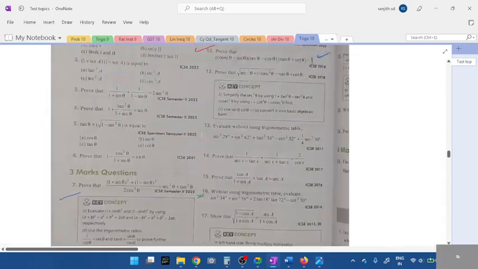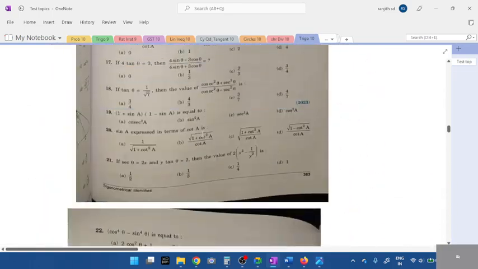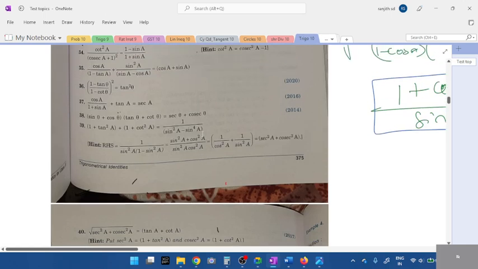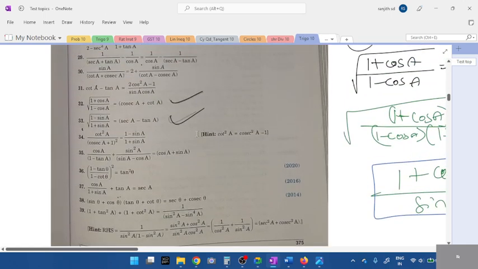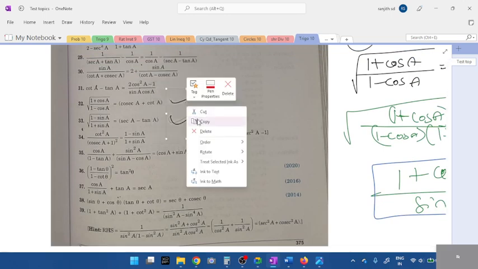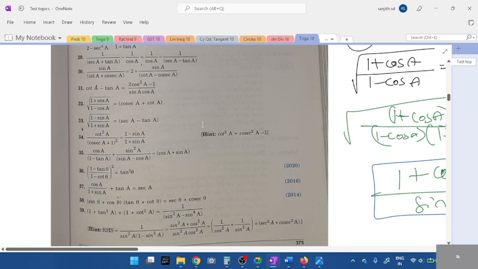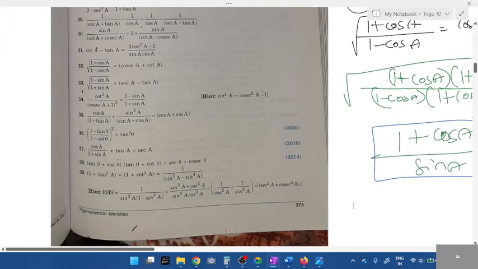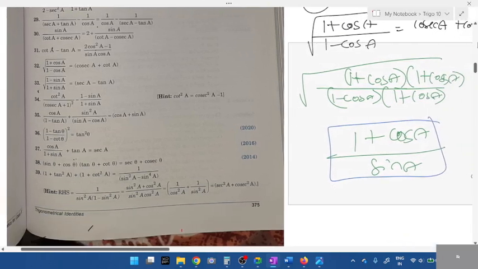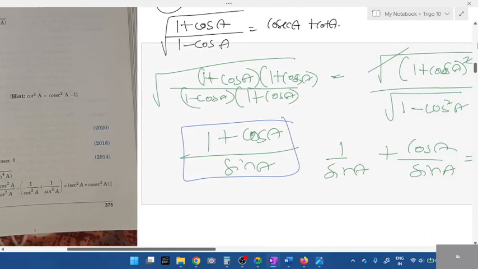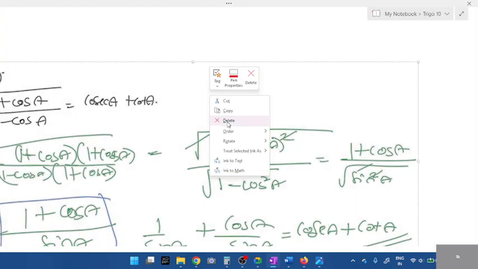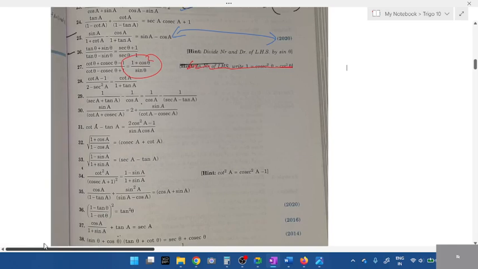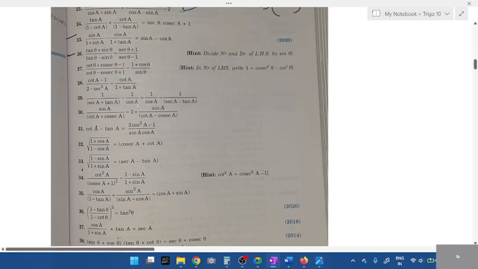You have any cube question in Selena? Yes. Send it. Send it. So it's been almost 1 month, right? You haven't sent. Okay, send it. Anyways, we'll do heights and distance later. I'll just check that.